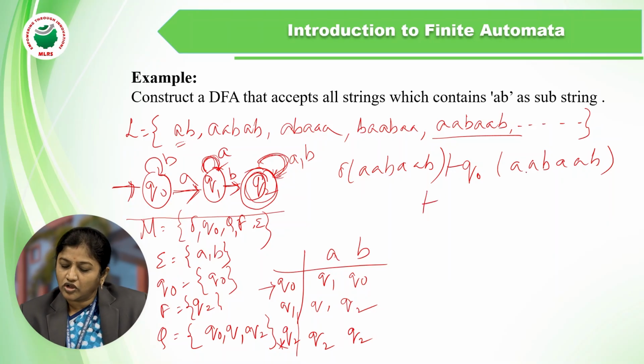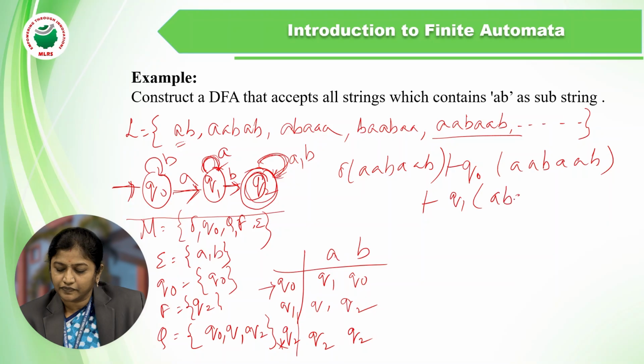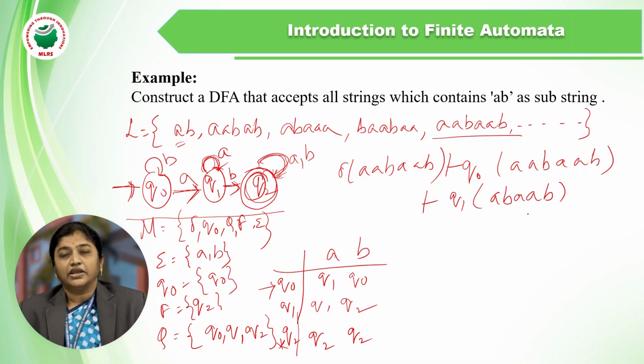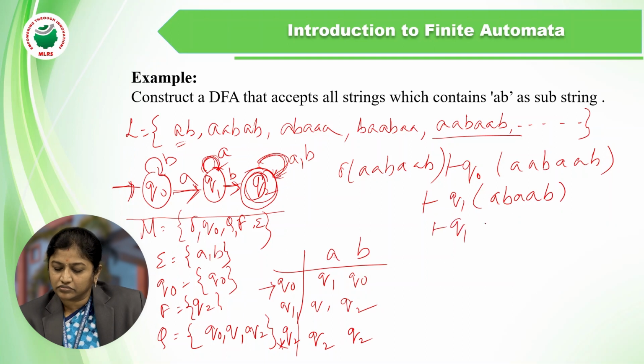So Q naught on A is what? Q naught on A is Q1. Okay. Next, Q1 on A is what? Q1 again. Q1 on B is what? Q2.